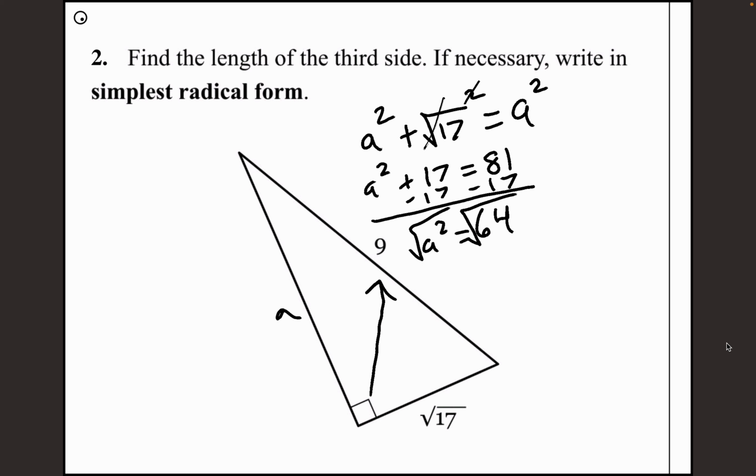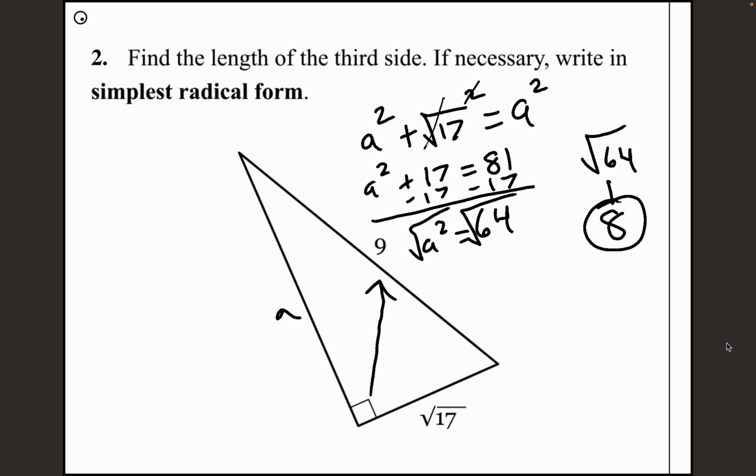Well, I need to simplify in the simplest radical form. So if I take the square root of 64, one thing that we should notice right away: does the square root of 64 come out as a whole number? You can go ahead and put this in your calculator to see. You're going to notice the square root of 64 is 8.